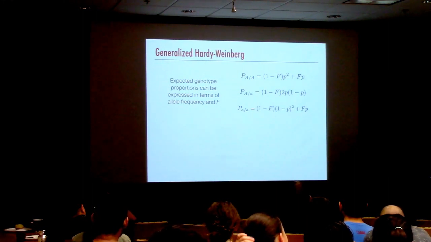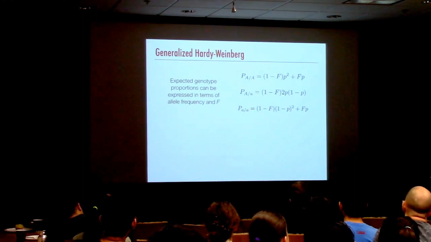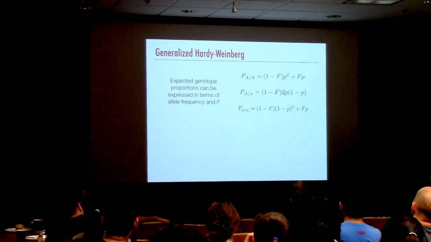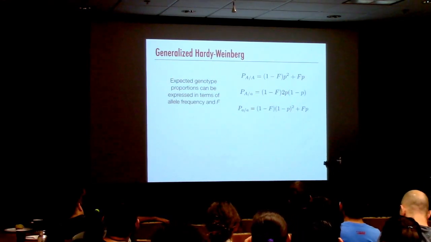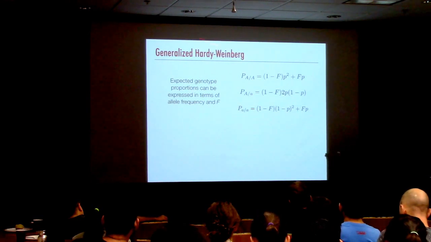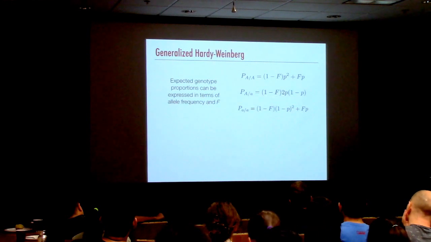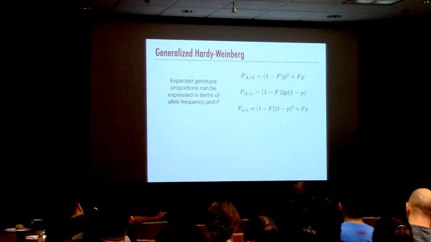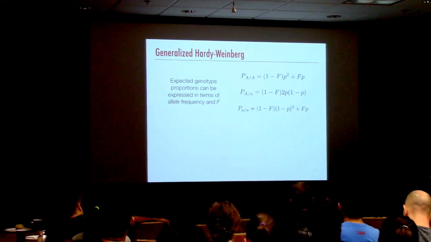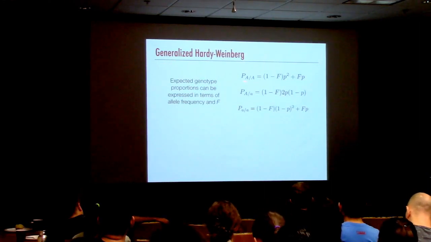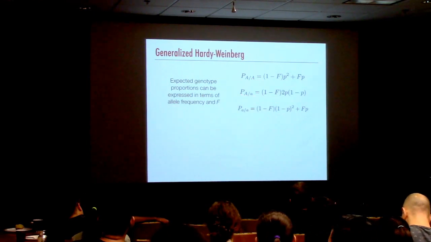So then this correlation statistic F actually turns out to have some nice uses. One of them is its role in what's called the generalized Hardy-Weinberg equations. If we have some correlation between the uniting gametes, so F is not equal to 0, we can write out the probability of seeing an AA genotype, a big A little a, or a little a little a.